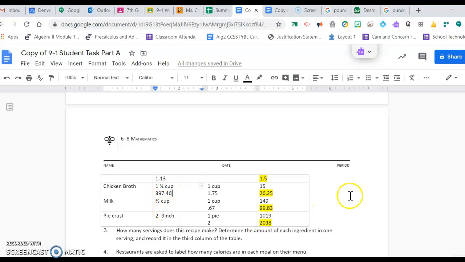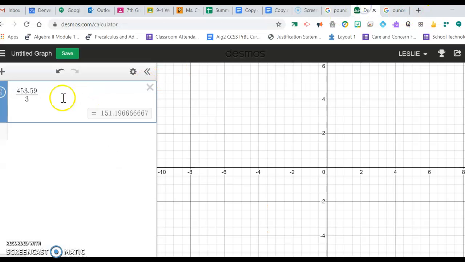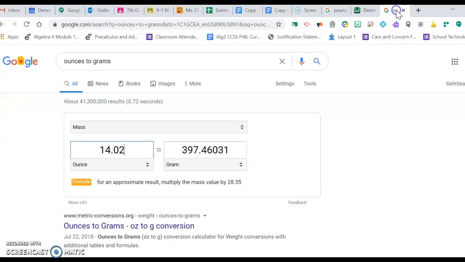This is 16 divided by 3. So 10.66, because it's 2 of them, 2/3. So we got 302 ounces.